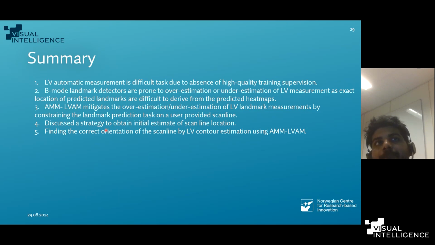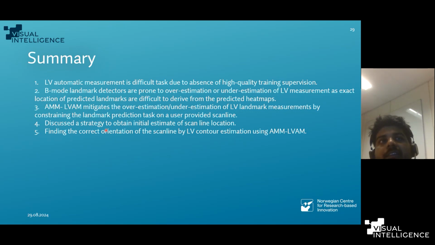So we derived this semi-automatic approach, which creates AMM images and tries to mitigate the overestimation or underestimation problem.